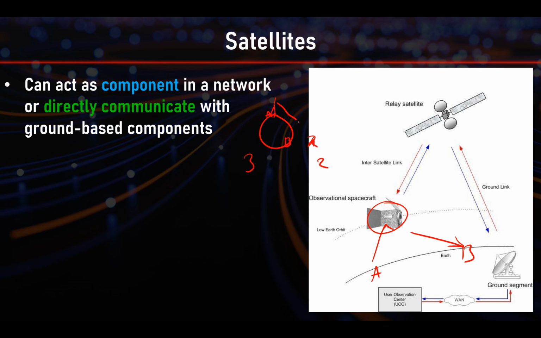Satellite 1 can then send to satellite 2. There's going to be another ground-based antenna that satellite 2 is going to send to, and then this ground-based antenna is going to send to B.